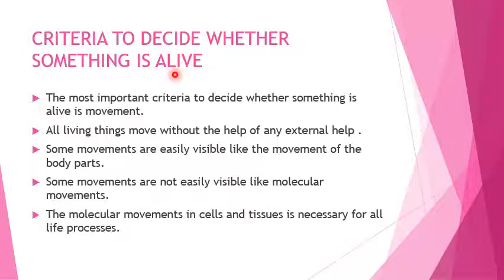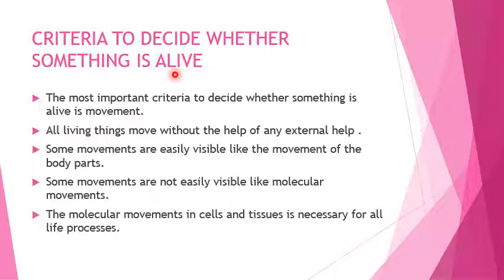We say that the dog is running and we are moving, which means we are living. But sometimes the dog is sleeping and still we say that it is alive. Why? Because they are breathing.